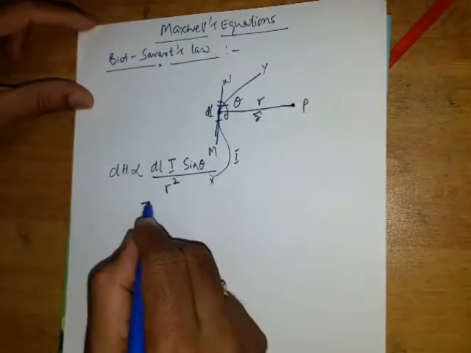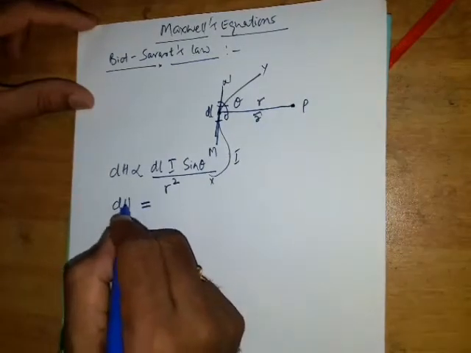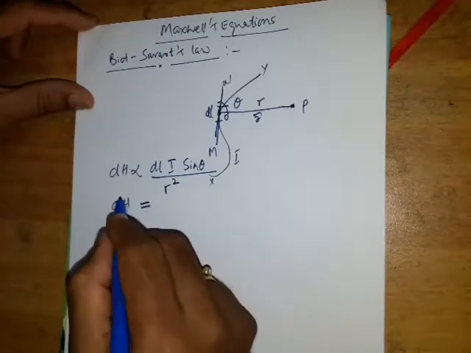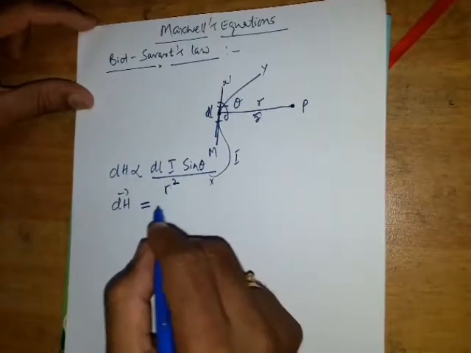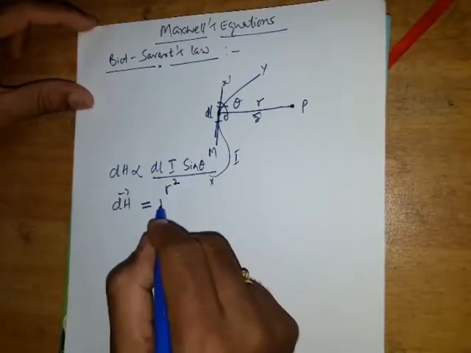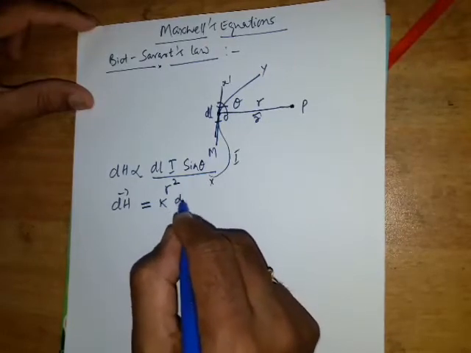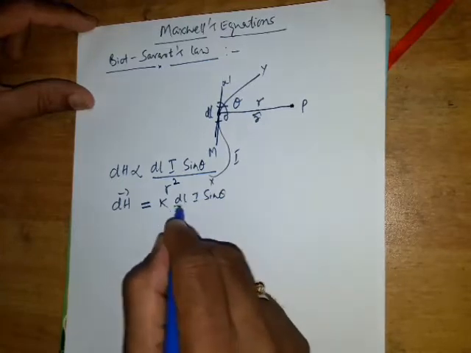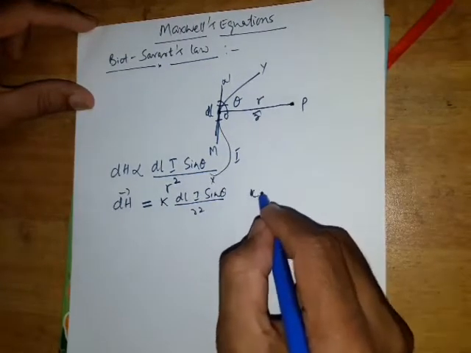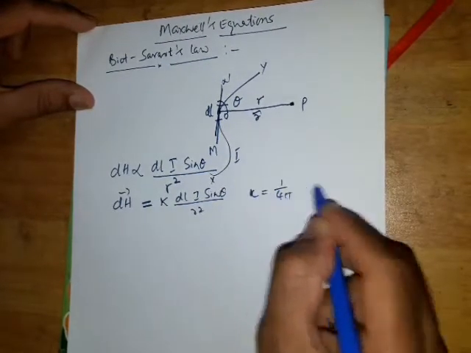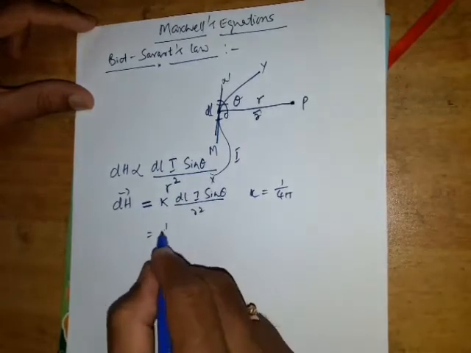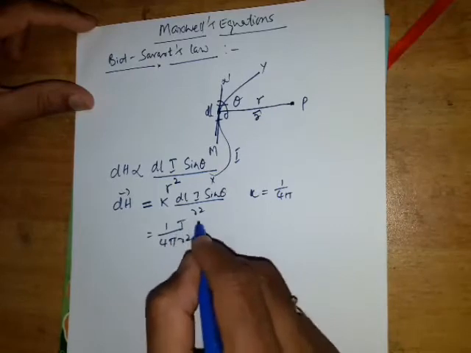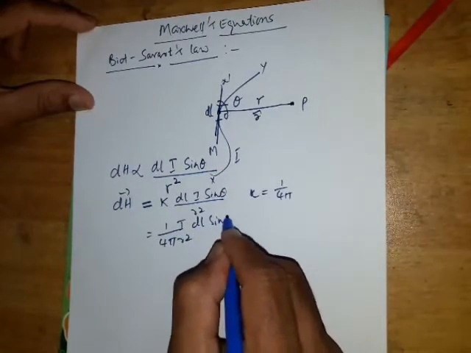So this can be written as dH, the field intensity, equal to K I dl sine theta by r square, where K is 1 over 4 pi. So I can write this as 1 over 4 pi r square, I dl sine theta.